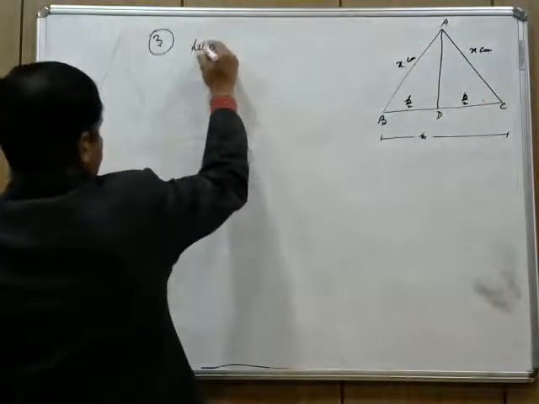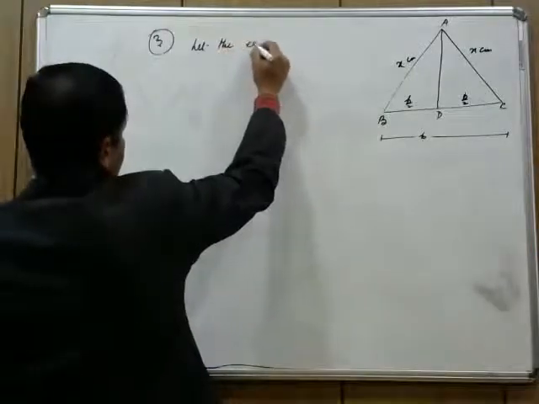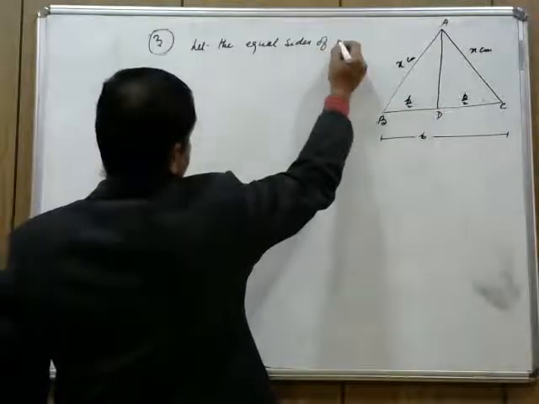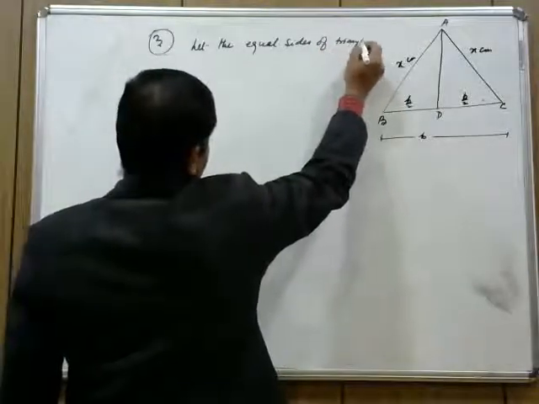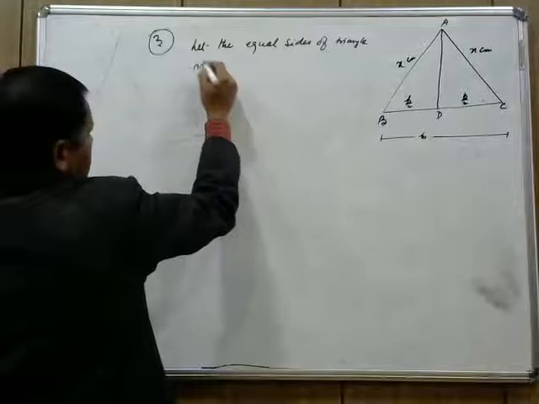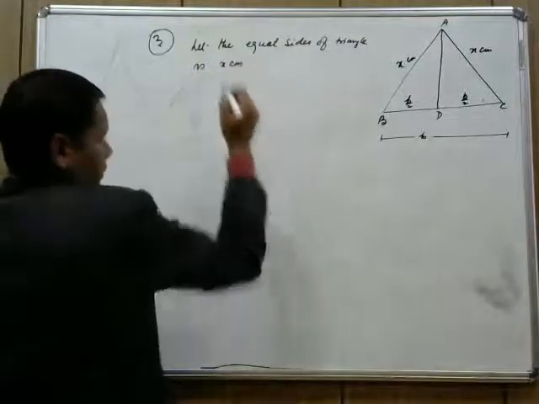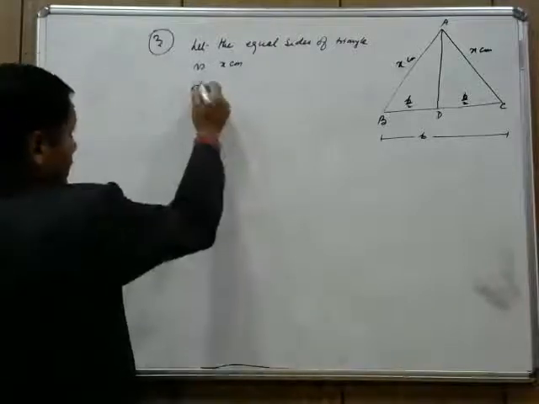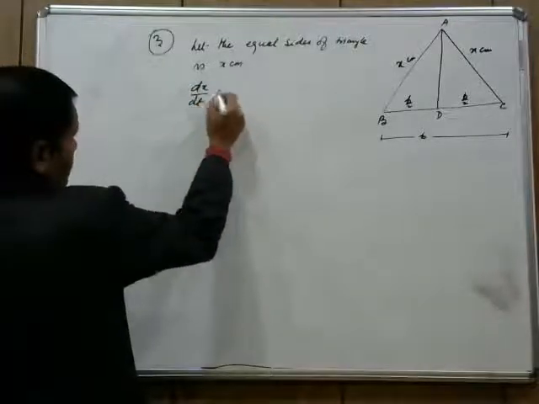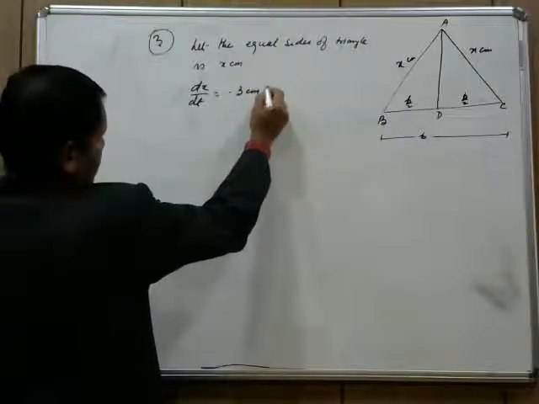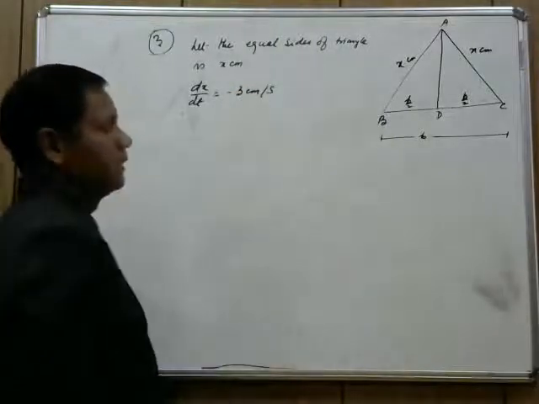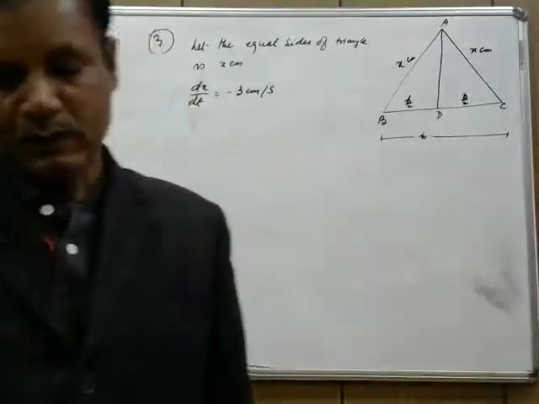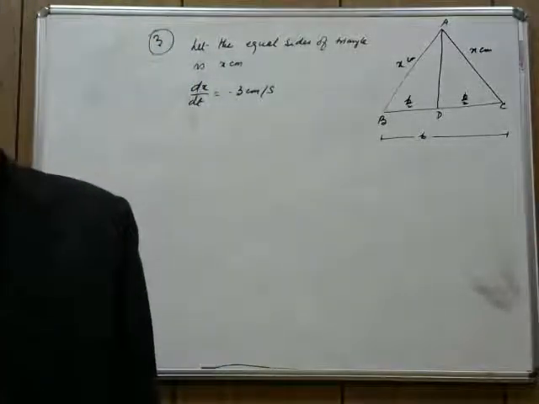It is given that dx by dt is equal to minus 3 centimeter per second, decreasing. That's why I have used minus 3.